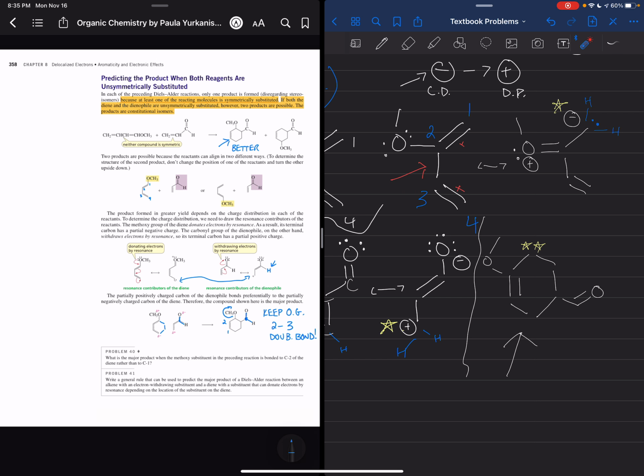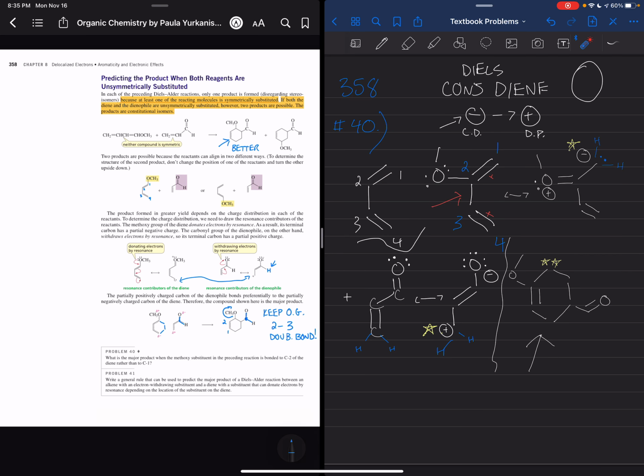We just forgot to put the double bond back. Let's check Chegg. 39. 40, yeah, gives us the same thing. It just flips the oxygen, but that doesn't matter. Oh, God. Well, there it is.